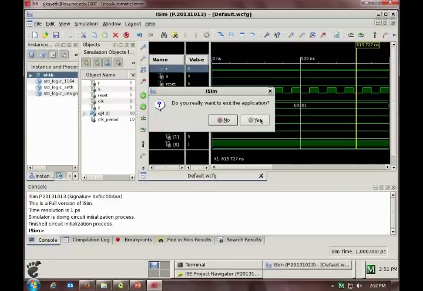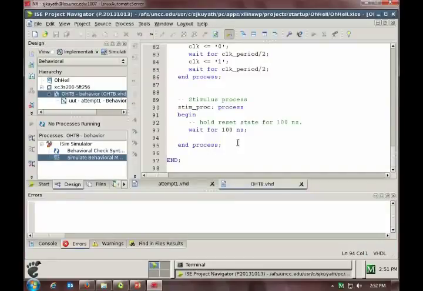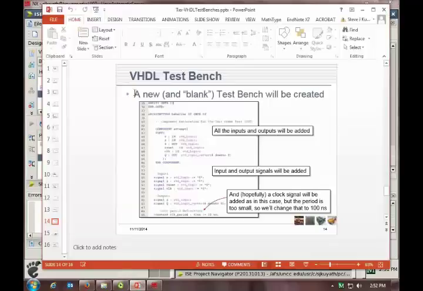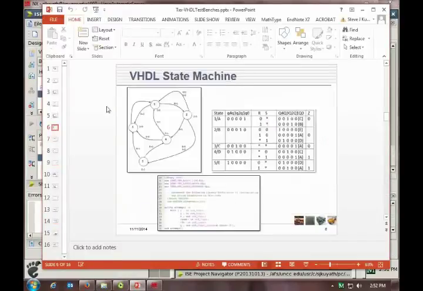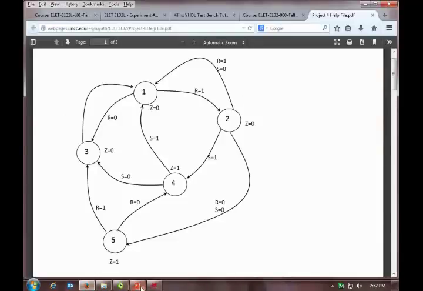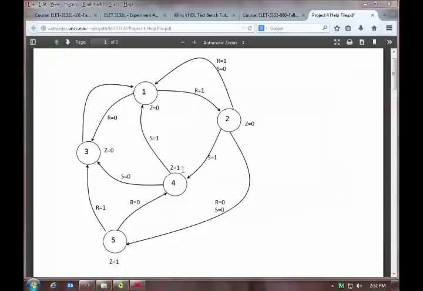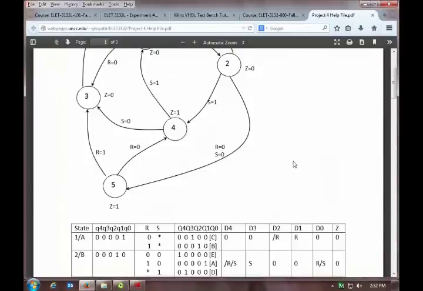I'll close up ISIM. And what I'll do here is go back and look at this, and it's a lot easier to look at. I'll close this for now.